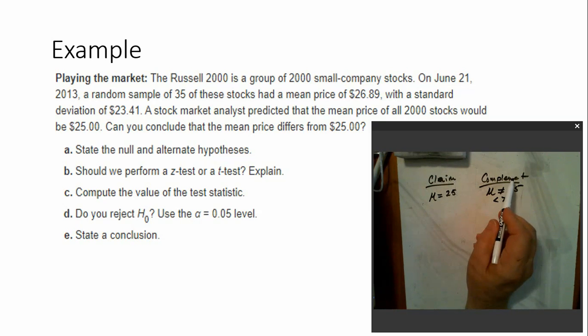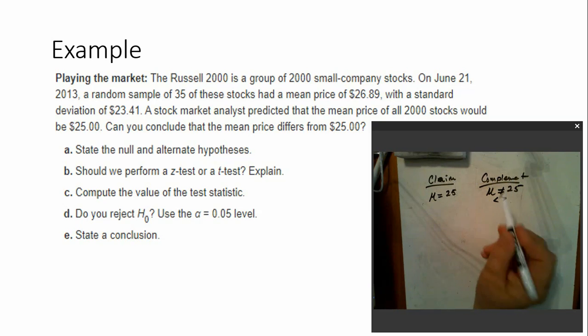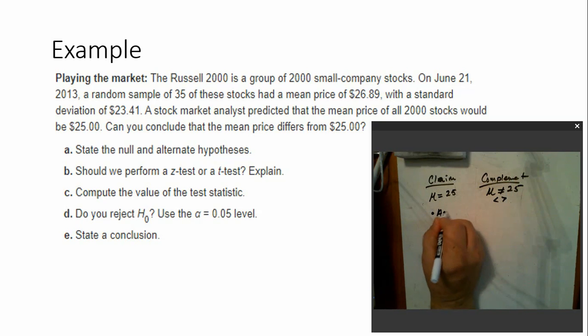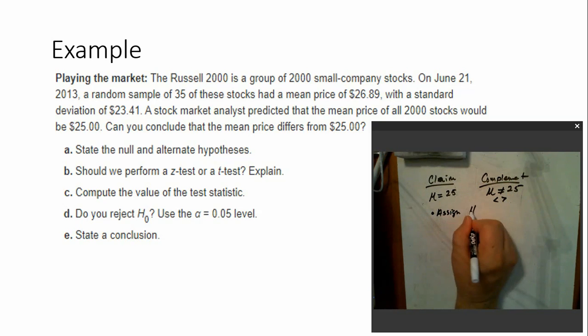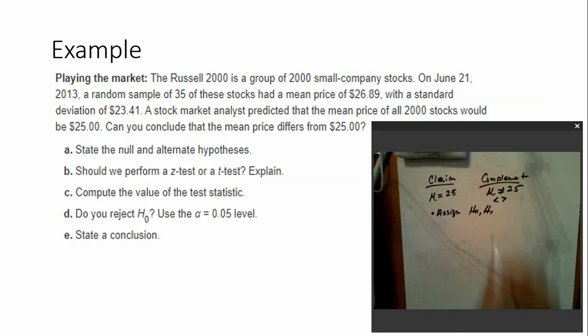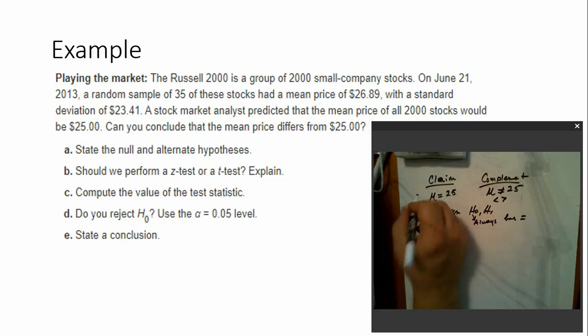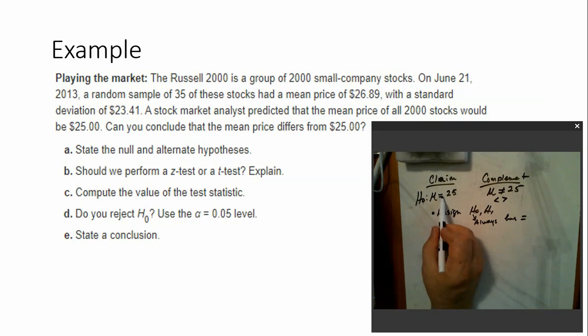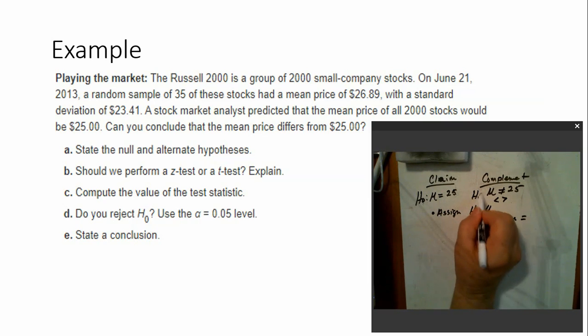Again, I build a complement, and then I assign H0 and H1. H0 always has an equal. So this is the one that was the equal. So this gets my H0, and that's the only reason, not because of the claim. I don't even look at the claim and the complement anymore. H0 goes with the equals, H1 gets the other one.